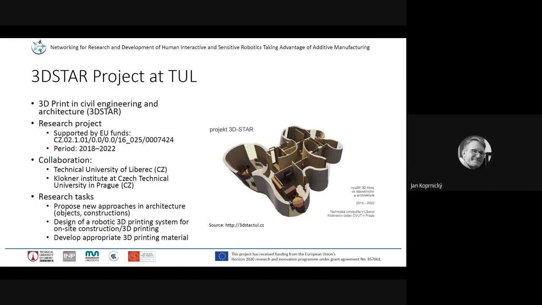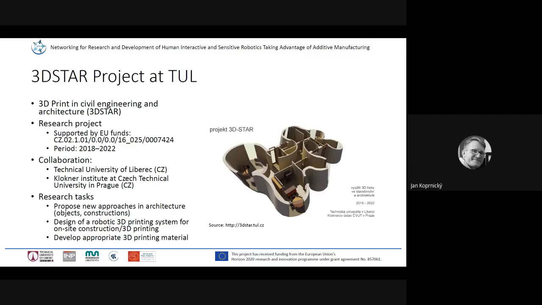So there are lots of groups. They are focused on specific domains, not only robotics and navigation as we present here, but also material science, machine engineering, research, and so on. The task of this project is as follows.